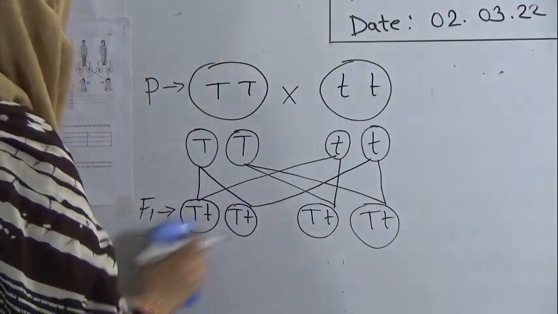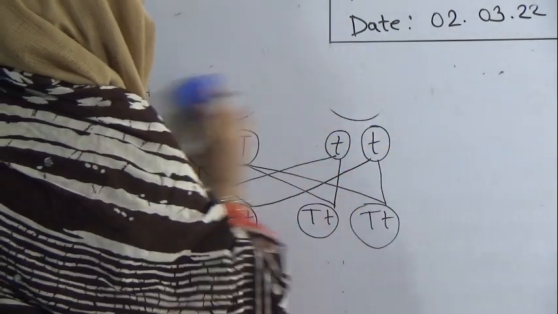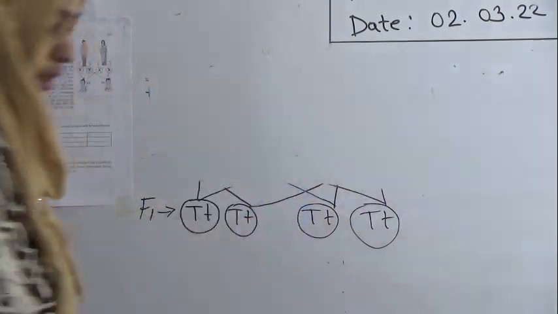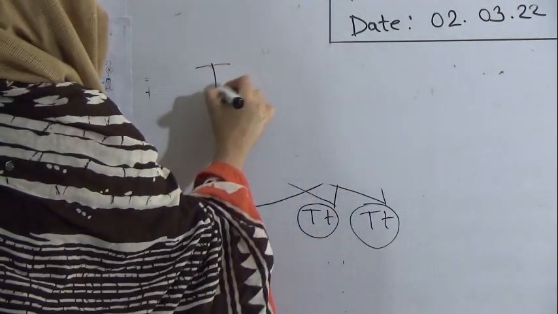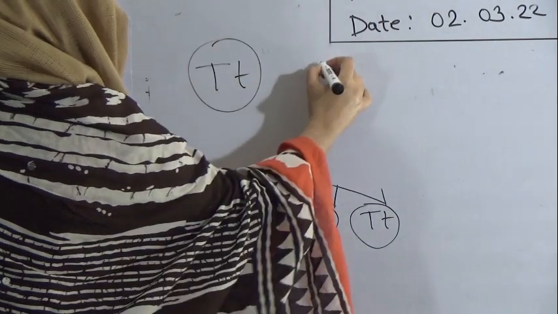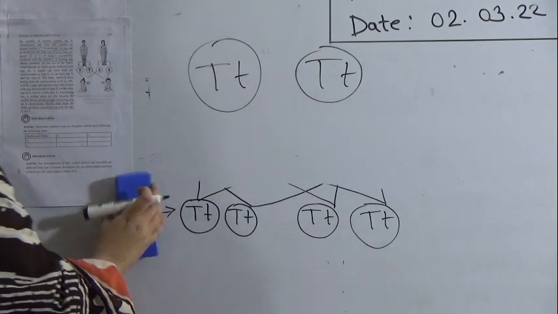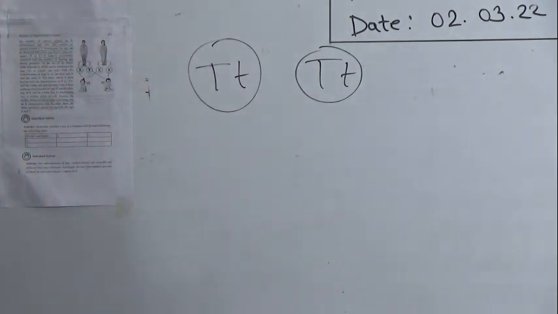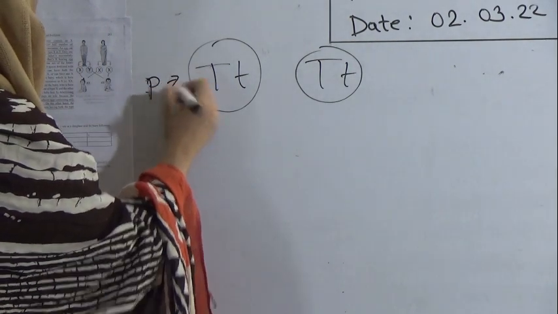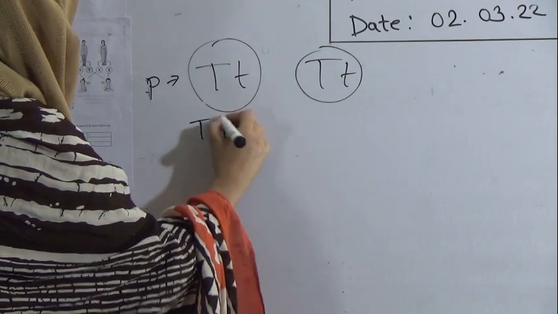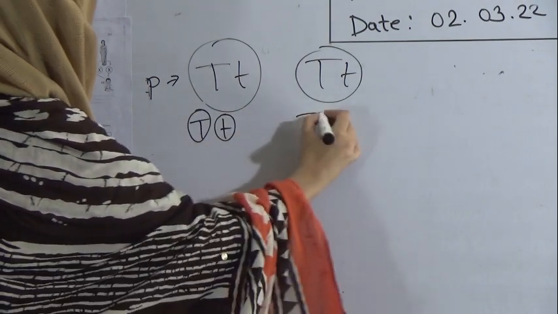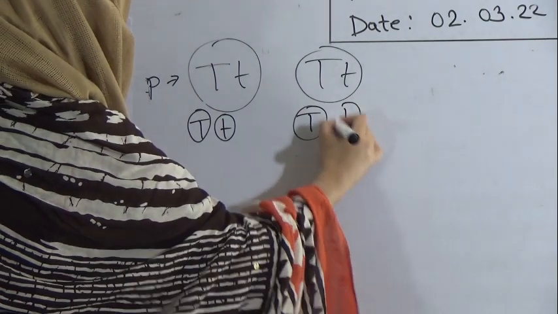Now if we cross these capital T, small t parents, then from the parents we will get two types of gamete, capital T and small t, and the same way, two types of gamete.